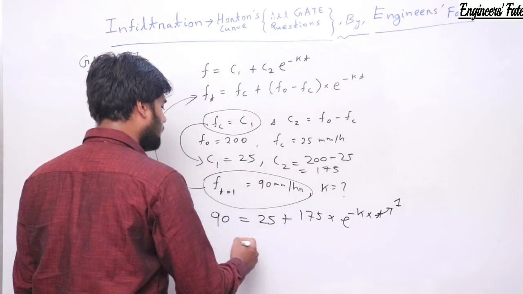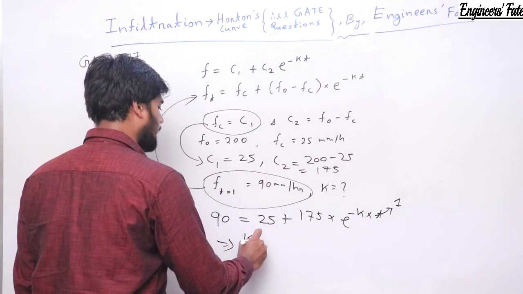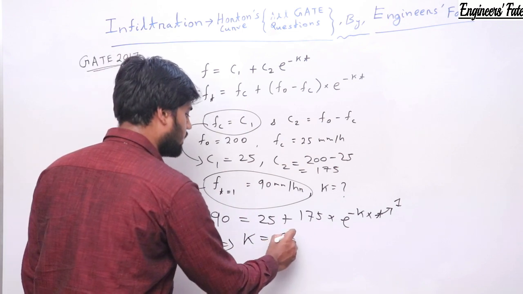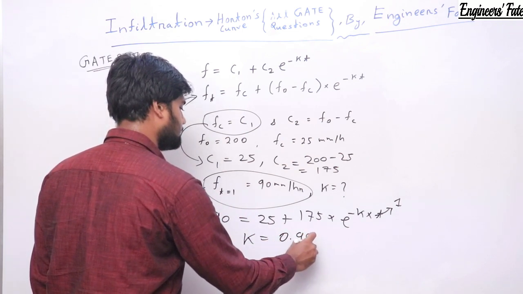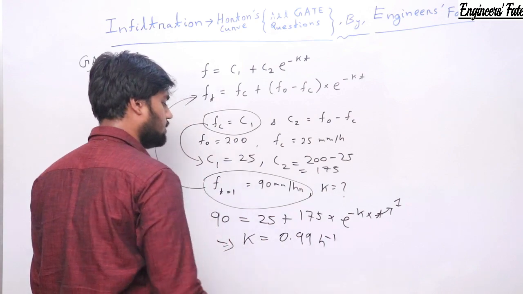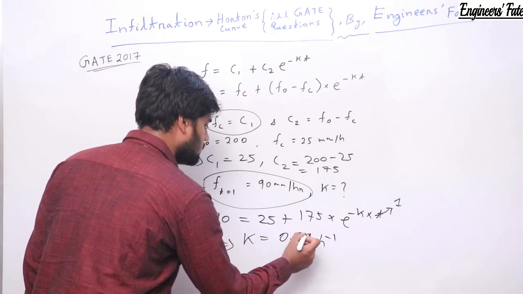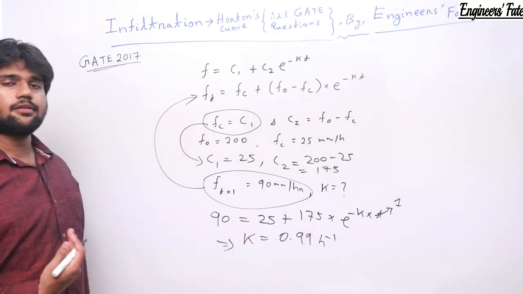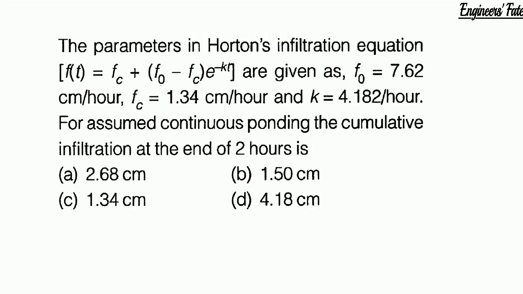So if I solve this, the k will be 0.99 per hour. So this is the answer. Please note it down.